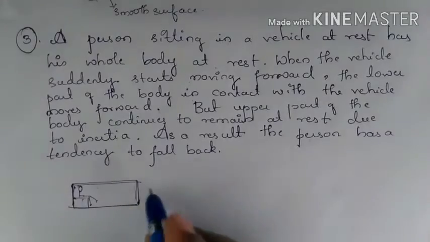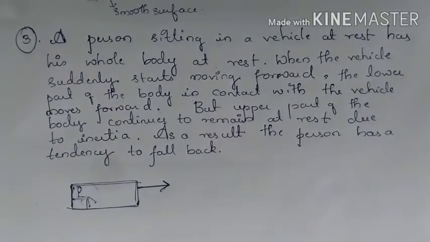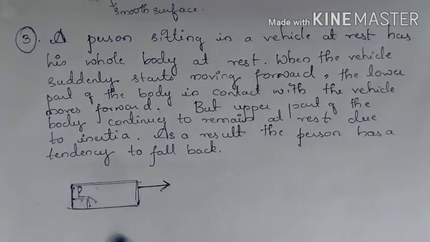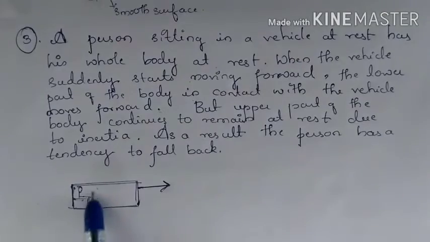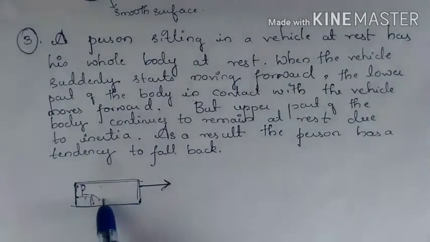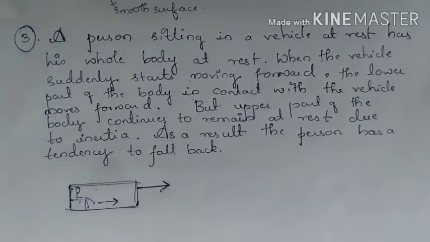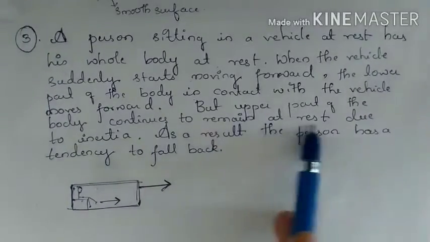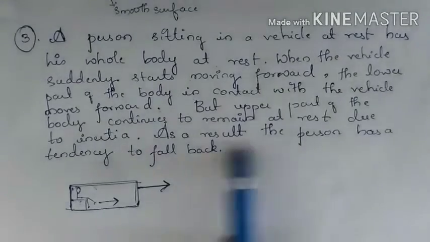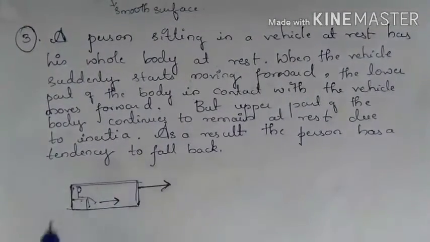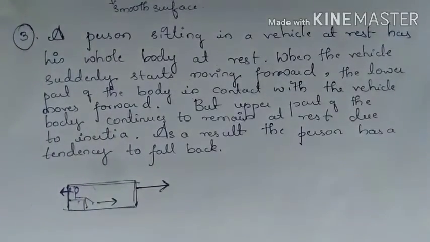When the vehicle suddenly starts moving forward, what will happen? The lower part of the body is in contact with the vehicle and moves in this direction, but the upper part of the body continues to remain at rest due to inertia. As a result, the person has a tendency to fall back. Clear?